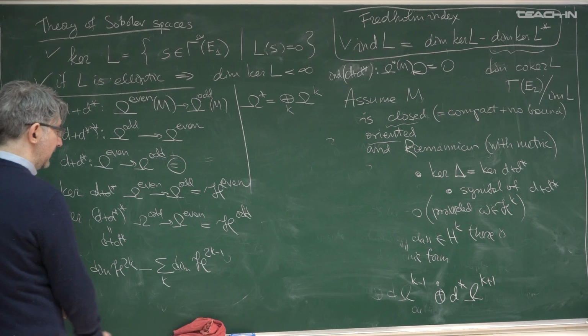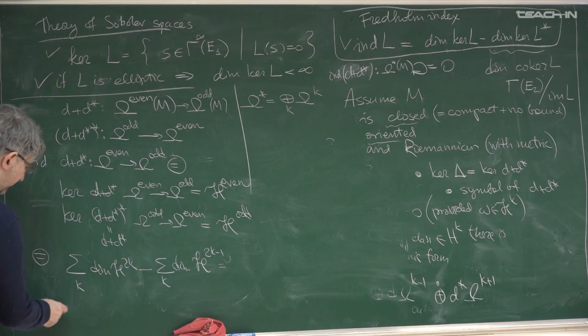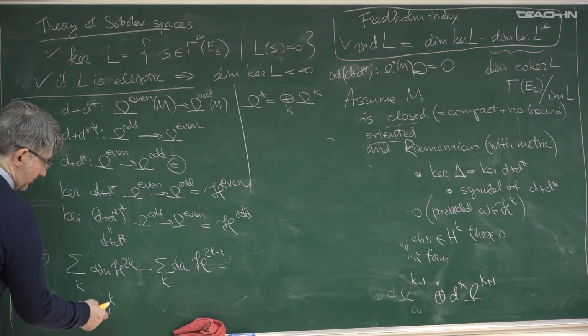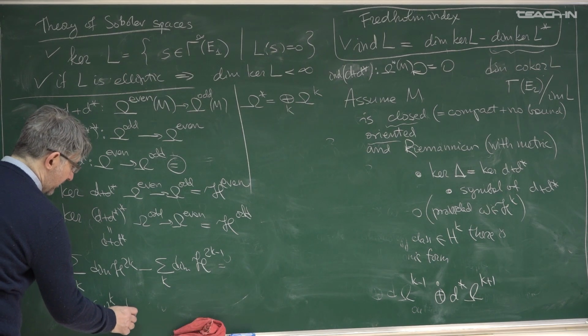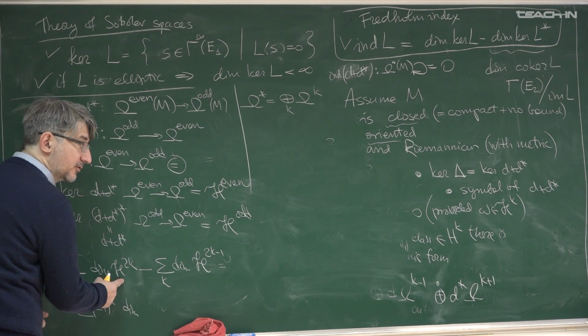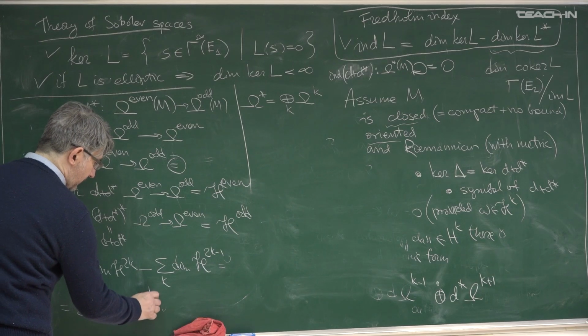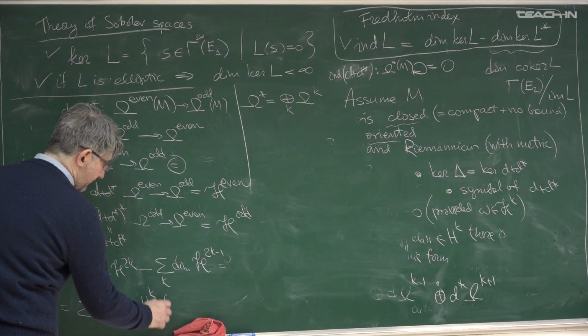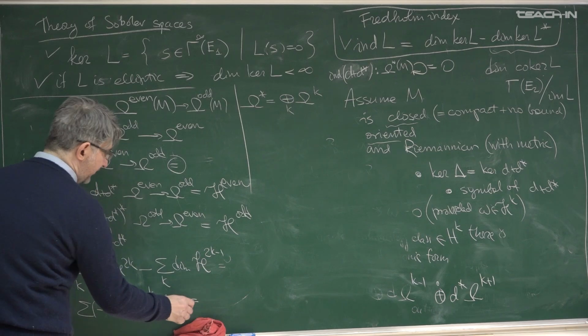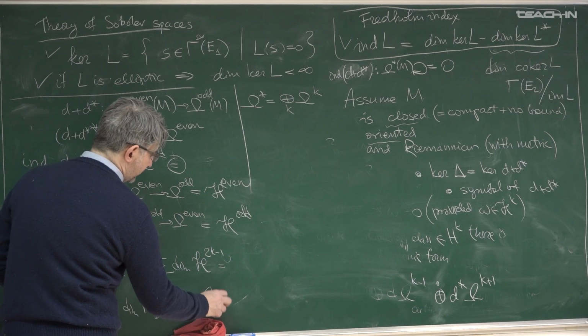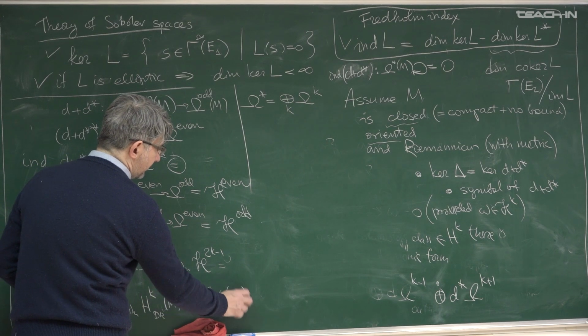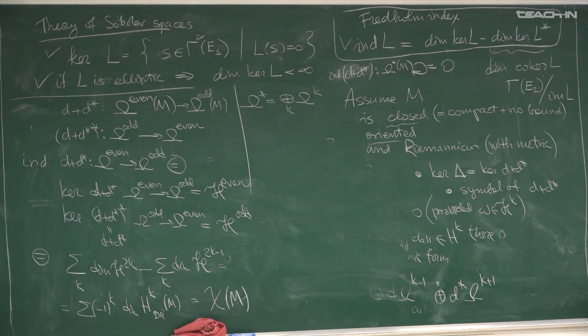Yes, it can be written as an alternating sum of dimensions. Harmonic forms are the same as cohomology. The ranks of cohomology of M. It's exactly what is known as the Euler characteristic of the manifold M. So this is the second index we already calculated.